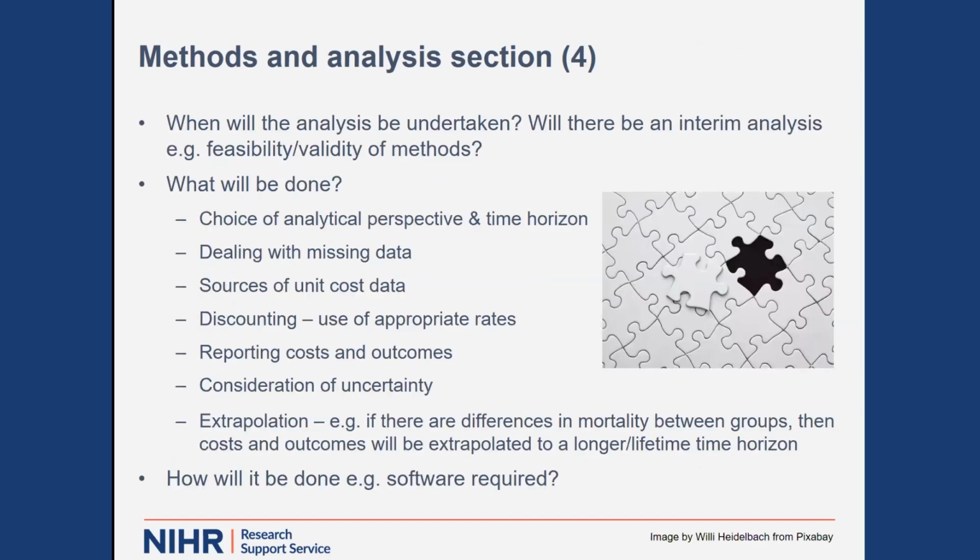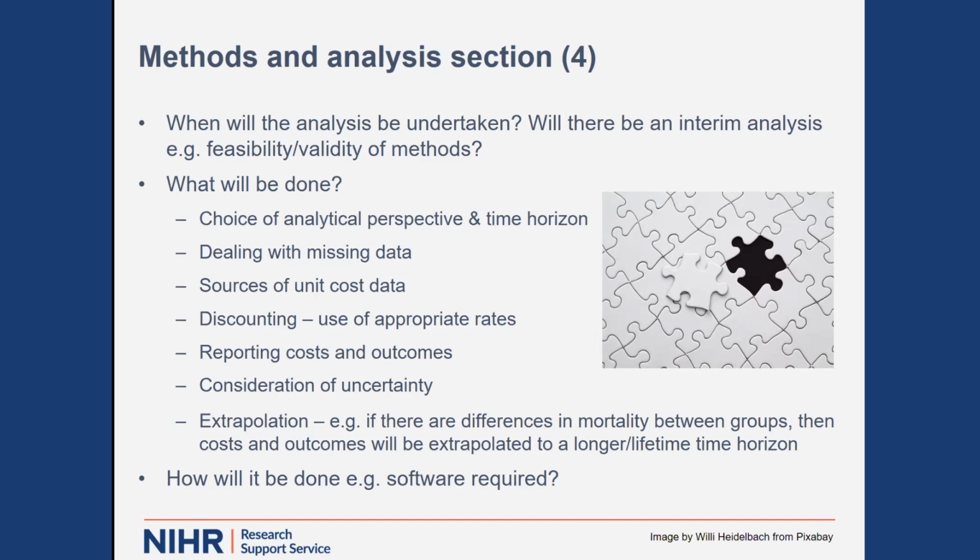So in the methods and analysis section, we want to describe when the analysis will be undertaken. Will there be any interim analysis, for example, and exactly what will be done? So I've said we want to state our perspective and time horizon. How will we handle missing data? This can be a particular problem for health economics, particularly with our cost data, when you think we have a lot of different variables, a lot of different resource use items that we want to cost and add up.